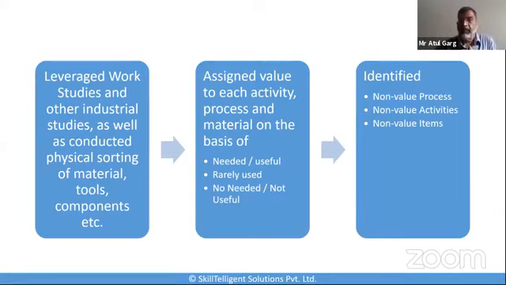We had already done the work studies, which had also identified a lot of non-value items, which were unusable, damaged, rejected, or scrapped, as well as non-value activities like transportation, idle time, repeat actions, and certain non-value processes like rework and wait. So all these work studies and the sorting activity helped us to clearly demarcate between the value and the non-value, and all the non-value was kept aside.